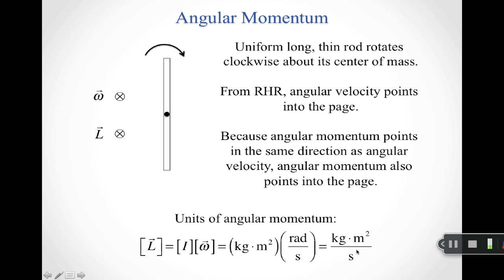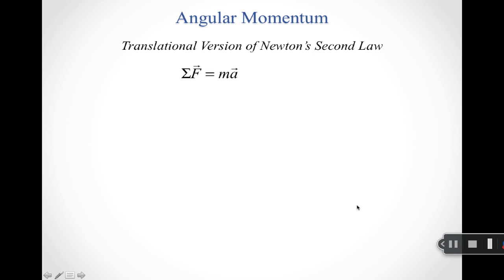This is one of those situations where it disappears. So my units for angular momentum are kilogram meters squared per second, and I don't worry about adding the radians.